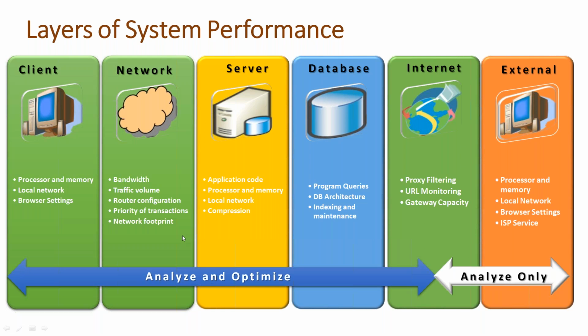Now, as a performance tester, these two, server and database, are the two areas where your major recommendations will come and help to optimize the system. Then there is application code, processor, memory, local network, and compression. When it comes to database, for most of you, you don't need to worry about these things right now.